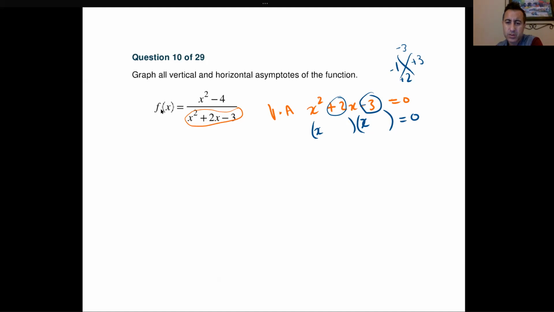So a quick review there. So x minus 1 and x plus 3, which we set to 0, and we get x plus 1 equals 0 and x plus 3 equals 0. So it looks like we have two vertical asymptotes. We don't have one, we have two. So let's go ahead and graph them.